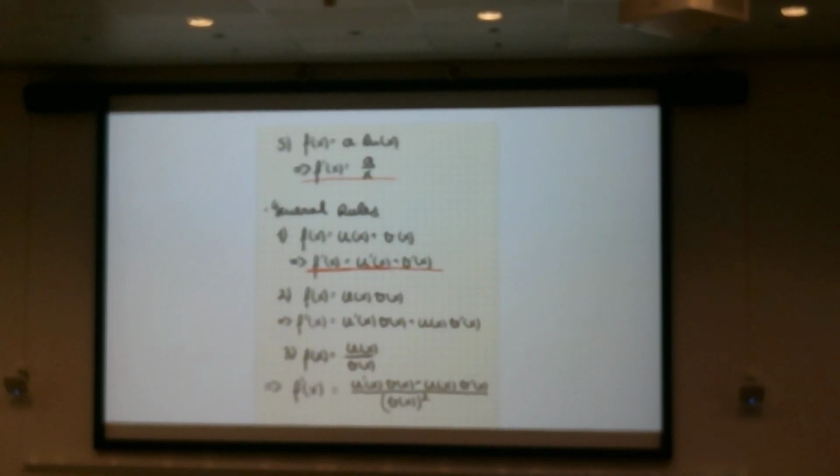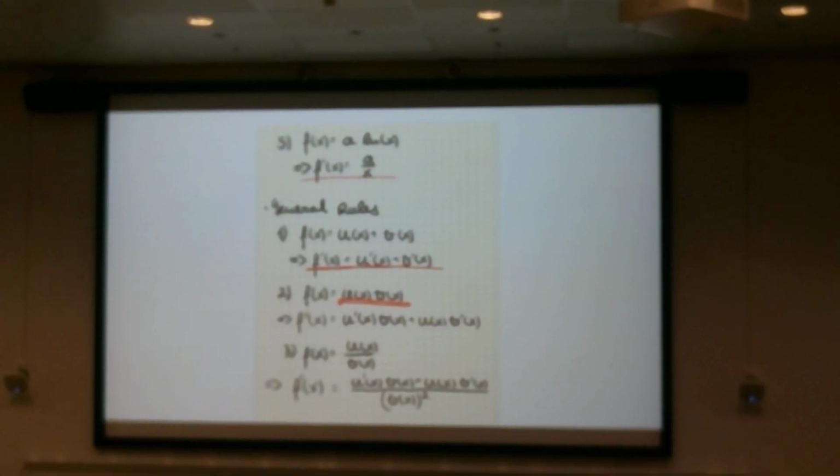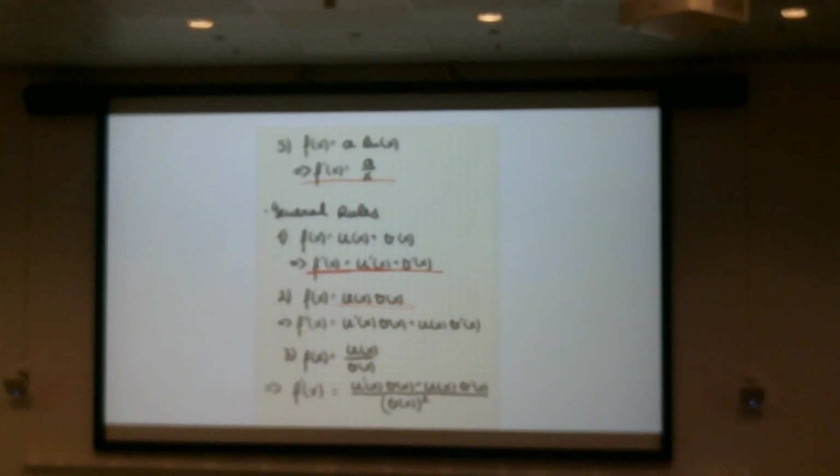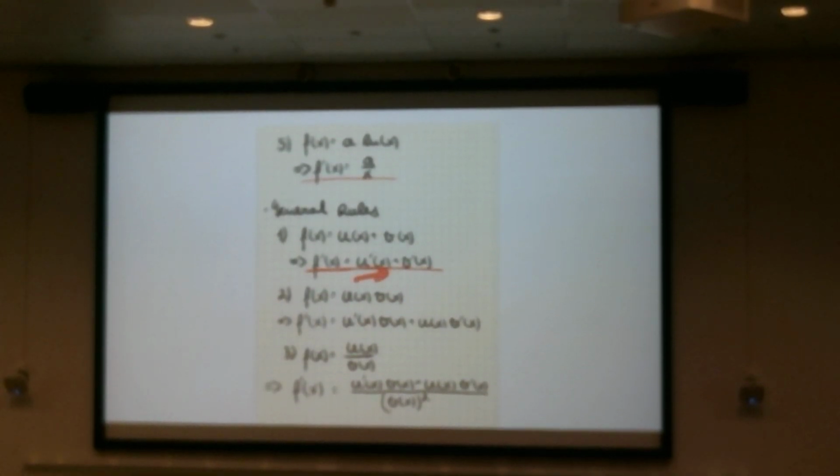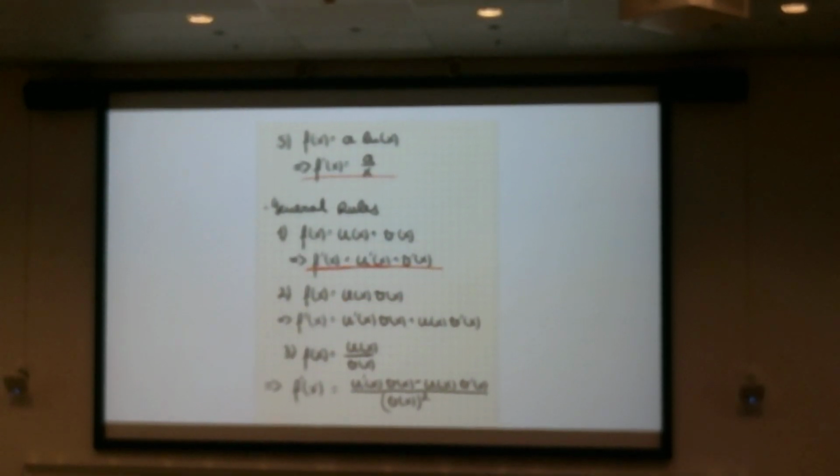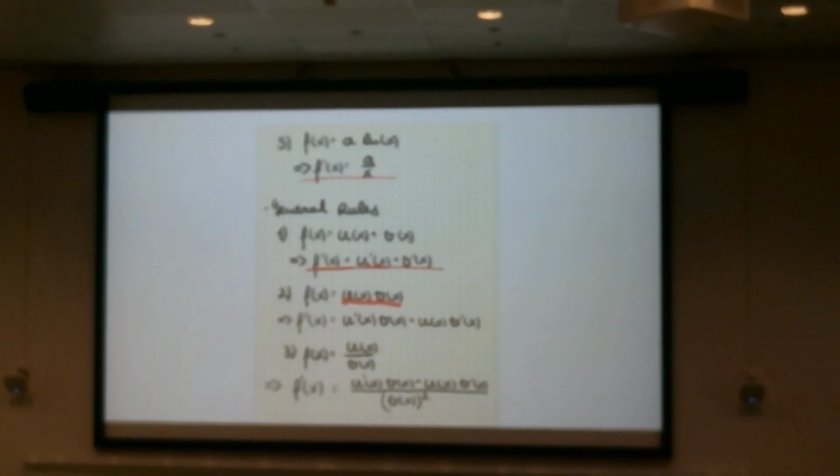Now, the situation changes a little bit if you have a product of two functions, right? So this was addition, but this one is a product. It could be tempting to think that the derivative of a product is the product of derivatives. But that's not the case. We need a bit more work. This is the so-called product rule.